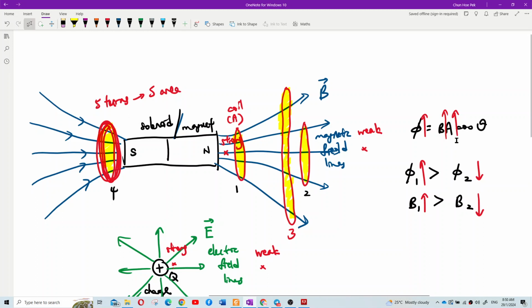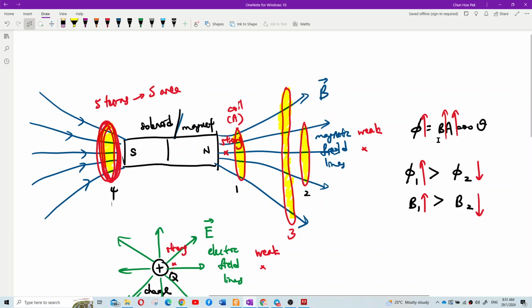Last time we learned more area, more flux. Last time I used one area, so I only had one area of flux. Now if I have 5 areas, 5 turns, 5 copper coils, I have 5 areas of flux.